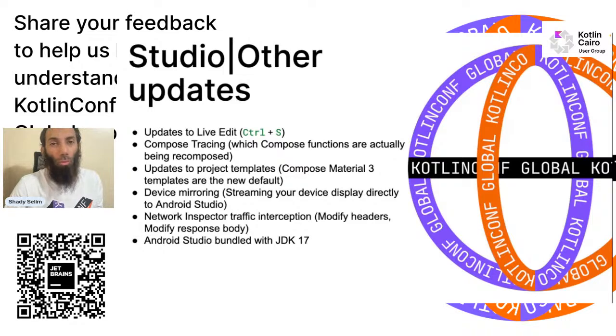So whenever we want to make a change, we can just use Command S, or Control S if you are using Windows, so we can save our changes manually. By doing that, it is going to build and update the UI layout inspector only after we click Command S or Control S. So we can control when our layout is going to be updated and when we are going to save all our changes.